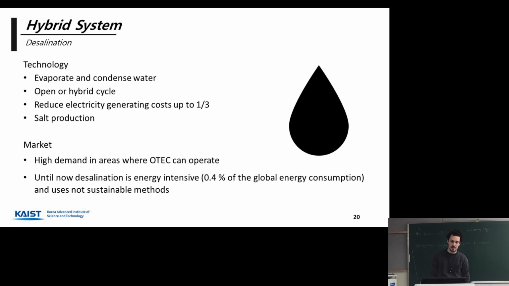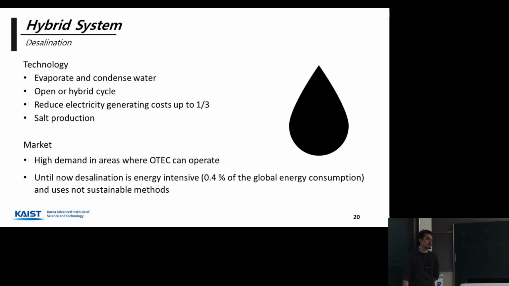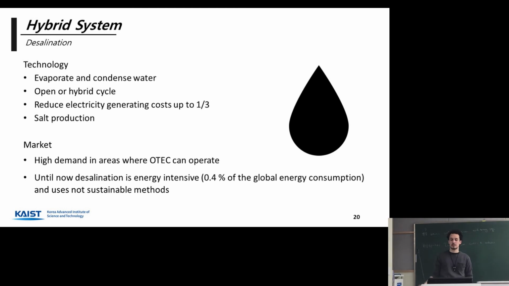But is there a market for desalination? Yes, of course, there is high demand, especially in the area where OTEC can operate, which is around the tropical area where there are a lot of developing countries that need water. And also until now, desalination is really energy intensive.